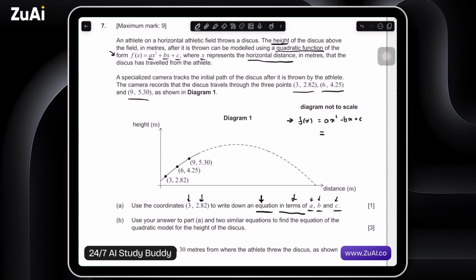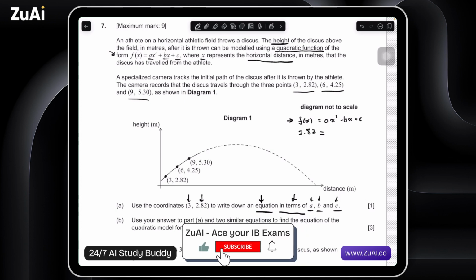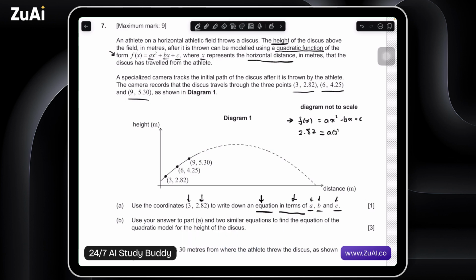So height is equal to 2.82, and then a, we don't know what it is, but we know that the horizontal distance is 3 squared, so let's write it as 3 squared, plus b times 3 plus c. So now we actually have an equation in terms of a, b, and c. There it is.